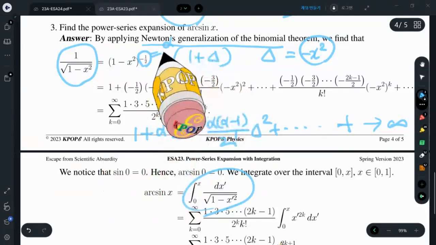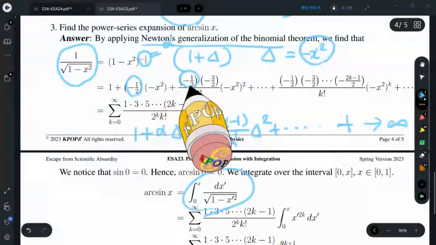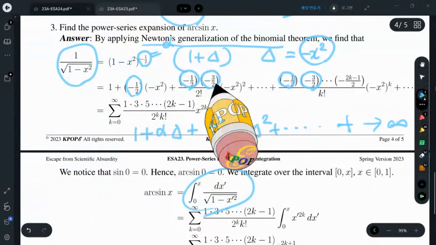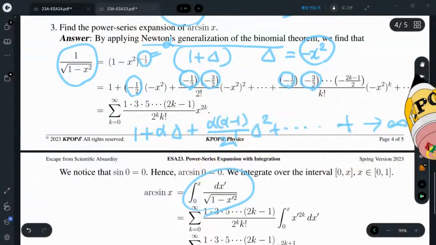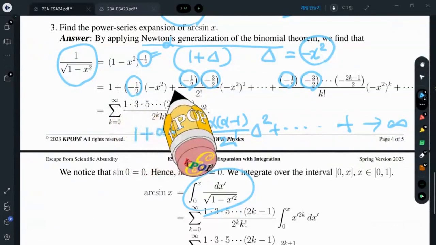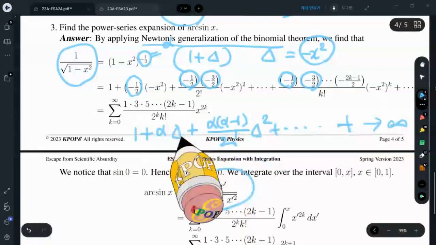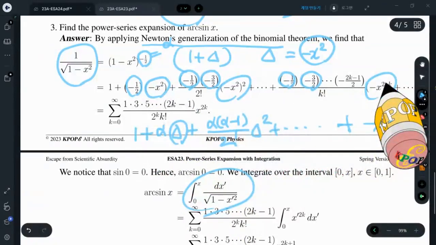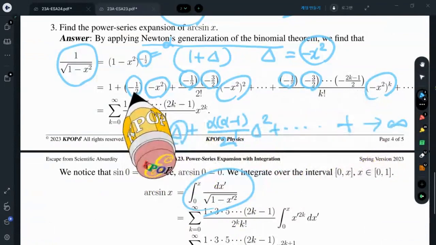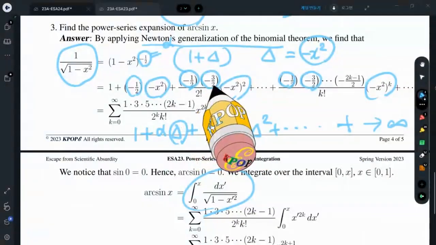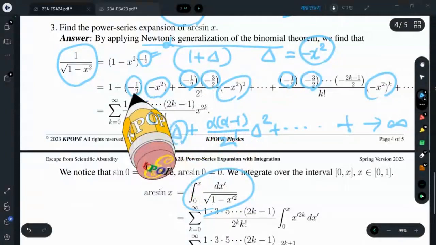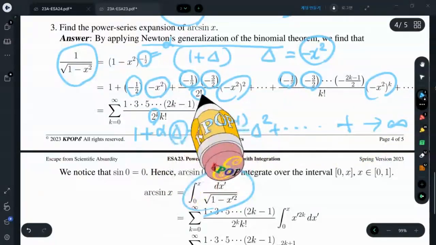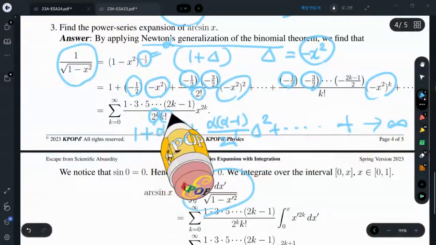Okay, substitute alpha equals minus 1/2. Next factor, alpha minus 1, alpha minus 2, and so on. As the number of terms increases, the power of delta increases from 1 to 3, and so on. If you simplify this, you will notice that this factor of 2 increases 1, 2, 3, 4, and your factorial increases 1, 2, 3, 4.